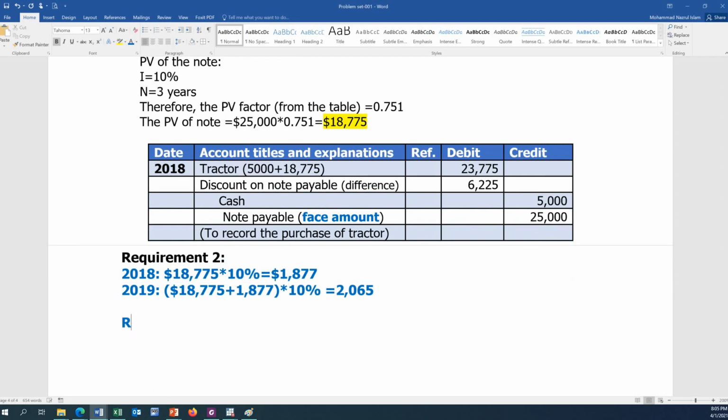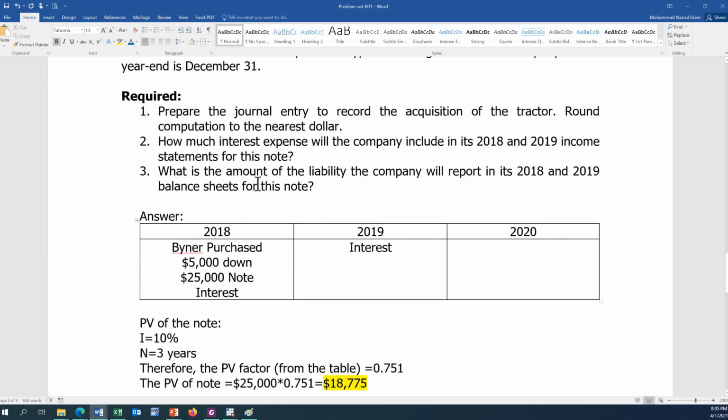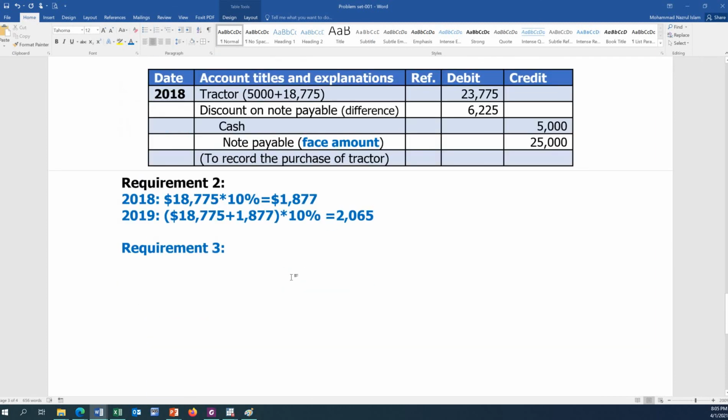And requirement 3. Let's see what is requirement 3. What is the amount of the liability the company will report in 2018 and 2019?